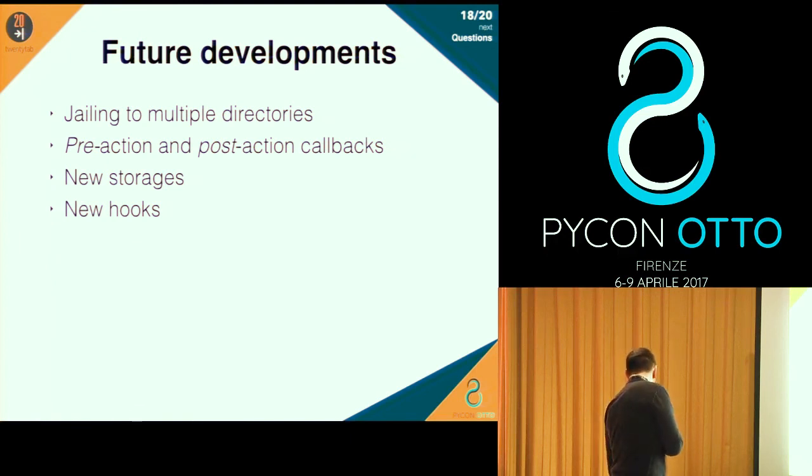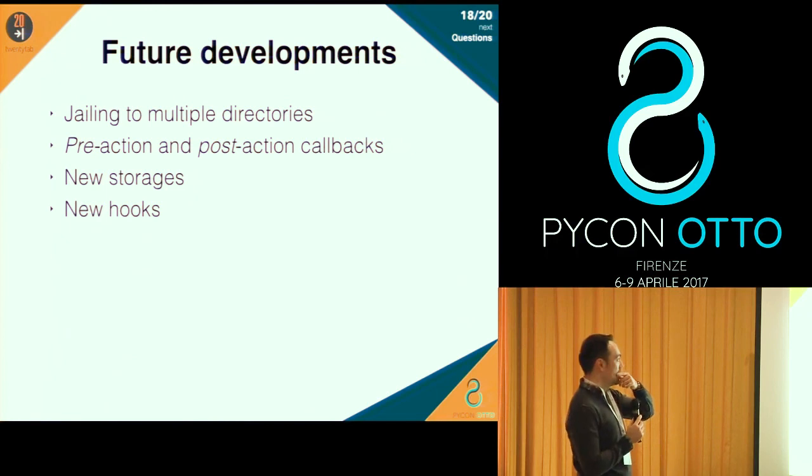And then differentiating the callbacks between pre-action and post-action callbacks. So informing another entity that is interested that a certain action was done and with what parameters it was called, and then what the outcome was. This is another future development that we are thinking about.